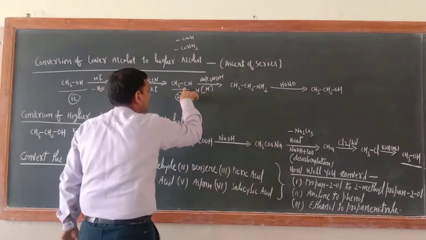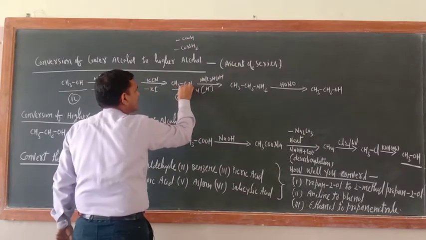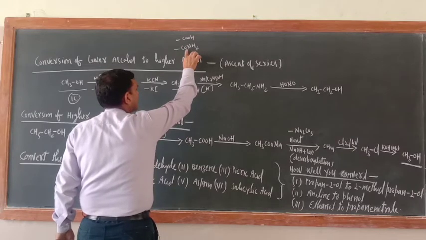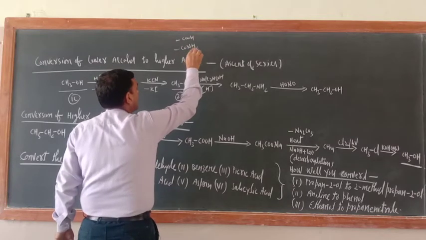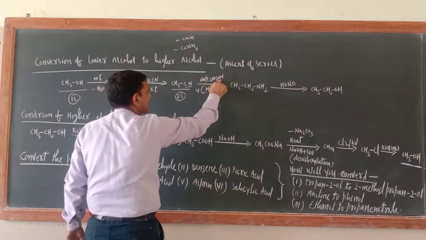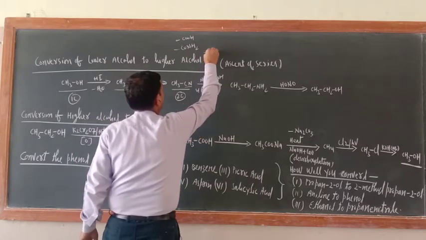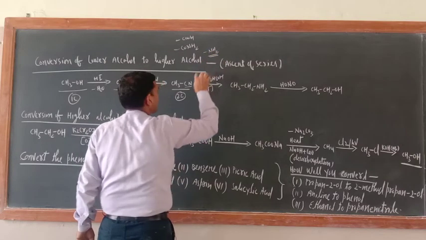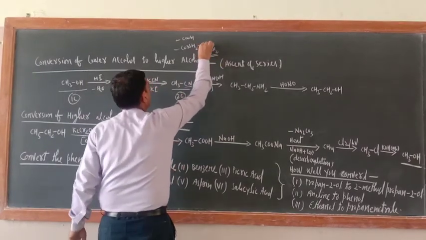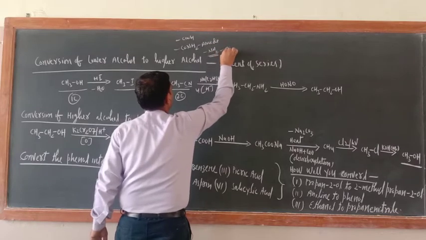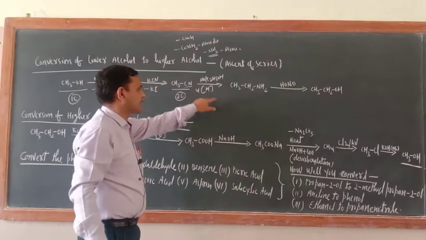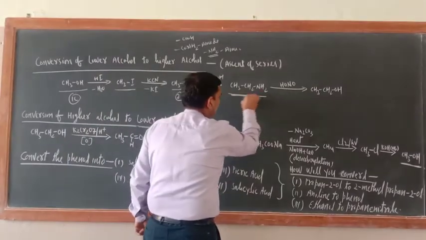Now if reduction is done with Na/C2H5OH, it is converted into CH2NH2, the amine group, not amide. This is the amide group and this is the amine group. We need this one, so subject the cyanide to reduction, and you get the amine.